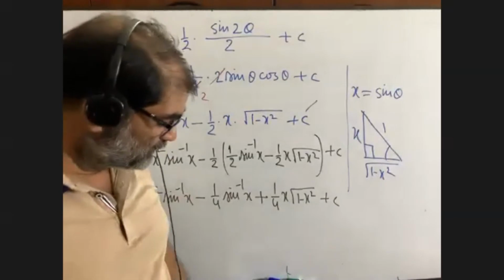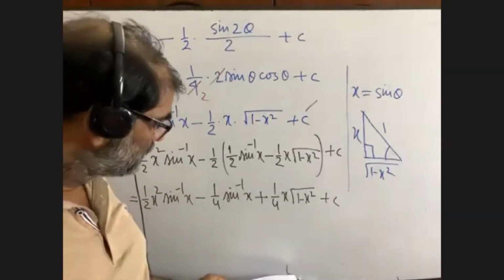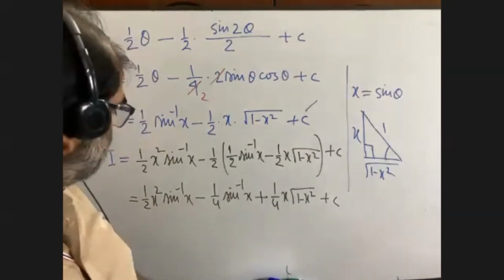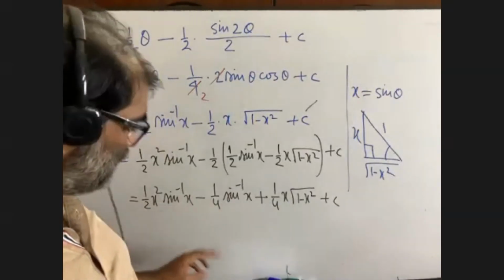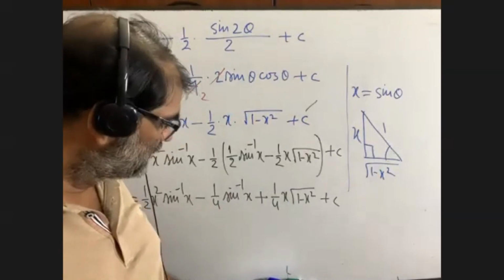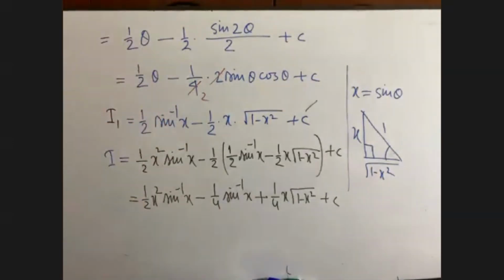It was question number 19. In the answer, what they have done is taken sine inverse x common, half x square minus 1 by 4 plus 1 by 4. Yes, we are absolutely right. We did really the hardest math, okay? And this is the answer.